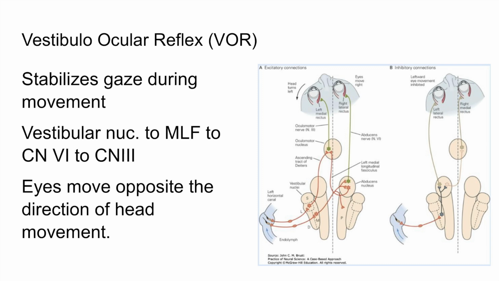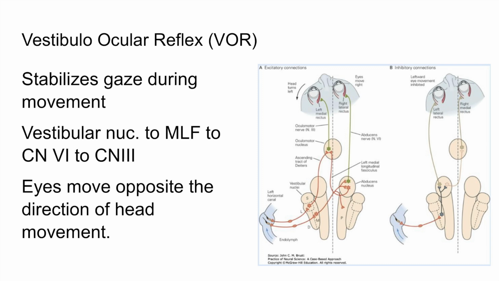So if you turn your head to the left, the system activates the rightward gaze circuitry, and your eyes move right to compensate. It's automatic, and it doesn't require conscious input. Clinically, this is what you're testing with the head impulse test, or even in comatose patients with the doll's eyes maneuver.